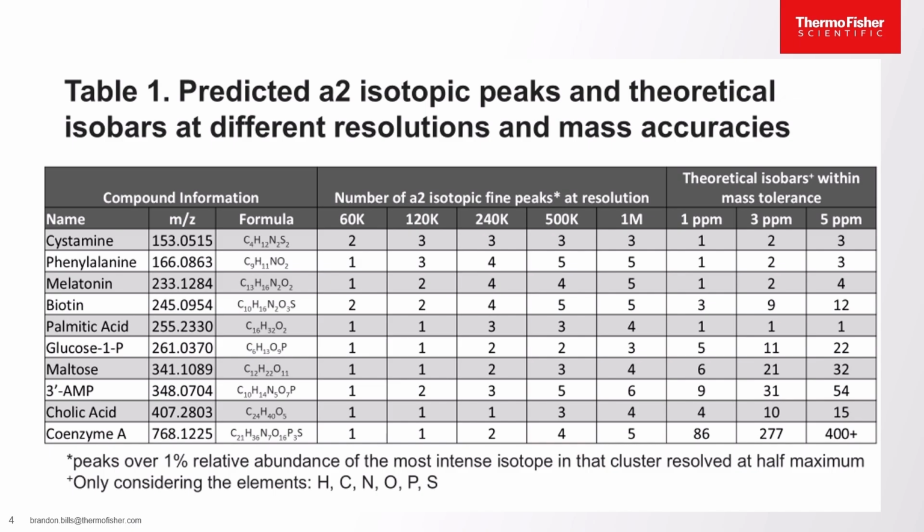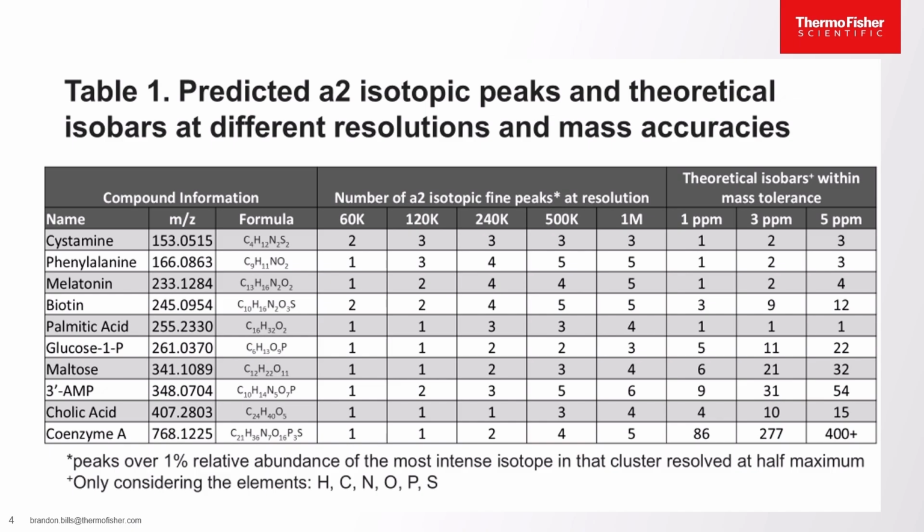We continue up 100 more into the range of maltose and 3-AMP. Now we're looking at around 6 to 9 isobars, and it just goes up from there. So as we go to higher m/z values and add more heteroatoms into the structure, we have a lot more isobars we have to try to resolve.